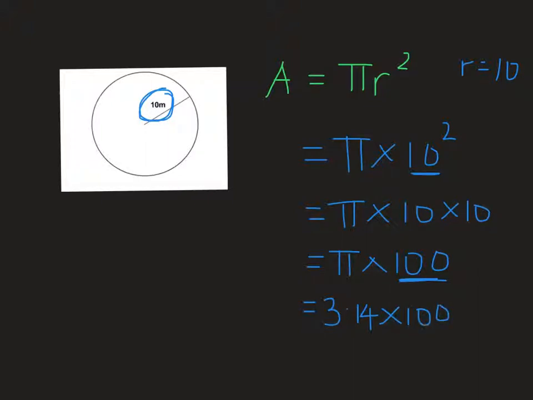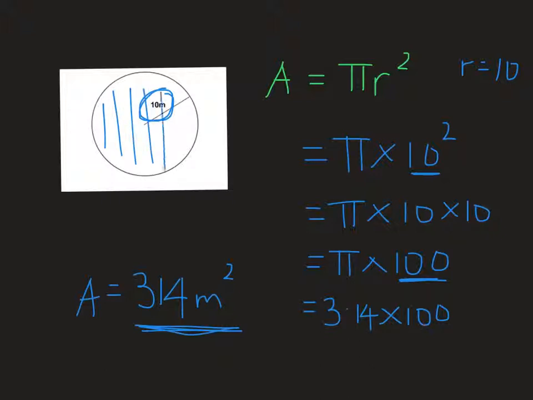And then I know that the area of this circle, 3.14 times by 100, is going to be equal to 314 meters squared, or the best way to say that is 314 square meters. Remembering that area is the space inside the shape, so that is meters squared.